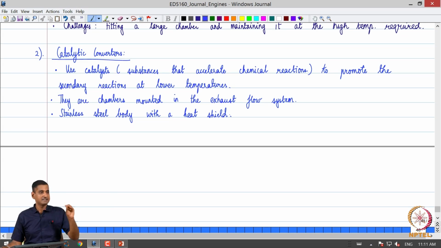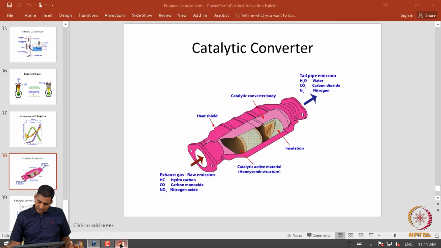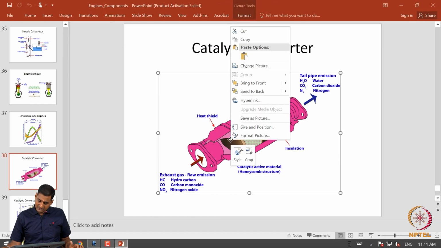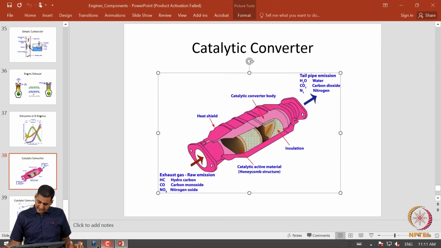So, when the exhaust gases pass through these passages in the catalytic converter, the catalysts promote the oxidation of various components, and so that is one important advantage. So, let us look at what happens in a catalytic converter.